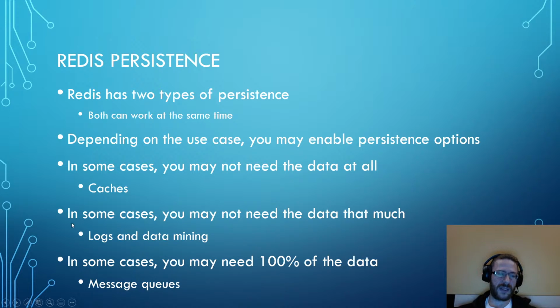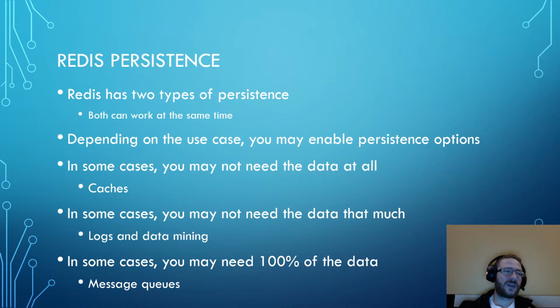Also, if you constantly log something, if you lose 1 second of the log, it may not be that important for you. It depends on the business case. And finally, in some cases, you may need 100% persistence of the data in the Redis instance. For example, message queues, or if you use Redis as a single data store.